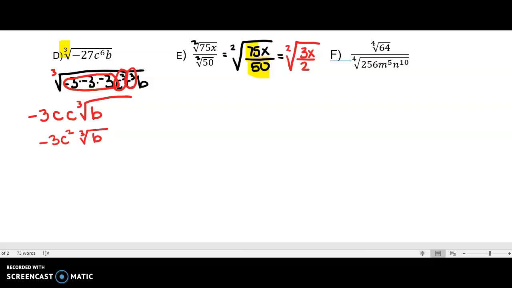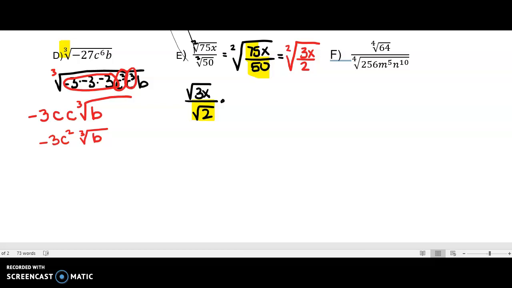Okay, almost done. But if I split this back again, putting them in their own separate radicals, I have a problem down here because I am not allowed to have a radical in the denominator. So I have to do what we call rationalizing the denominator.